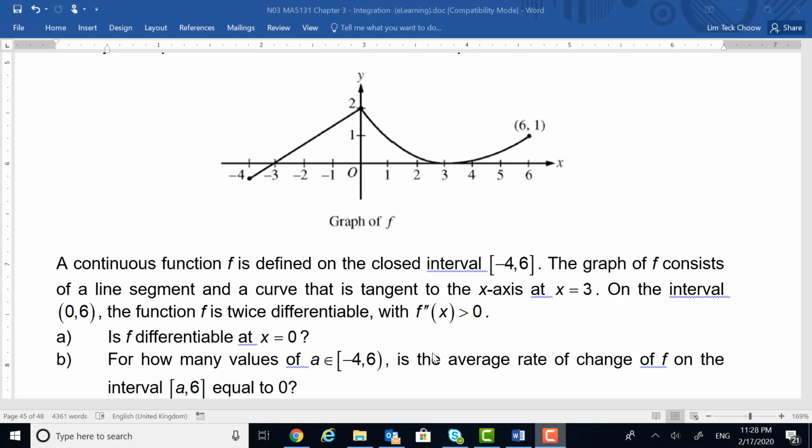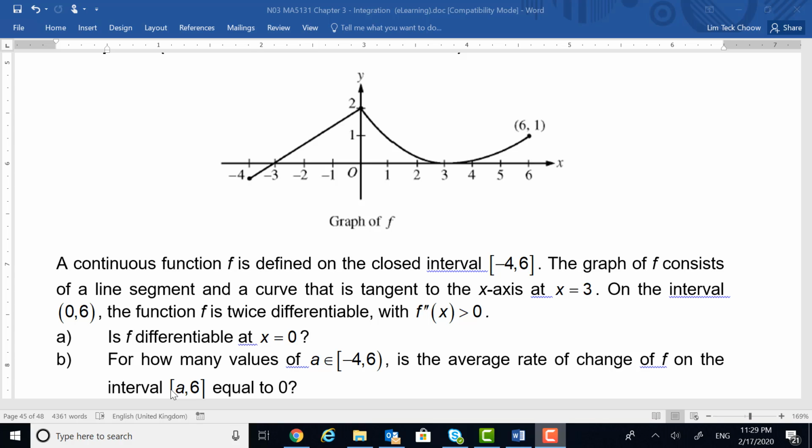In order for this average rate of change to be 0, it means f of 6 minus f of a has to be 0 itself, which means f of a must be equal to f of 6.